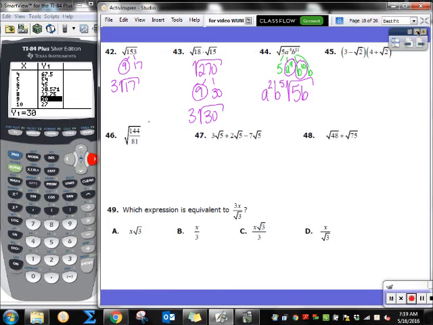On number 45, we have to double distribute. So we've got 3 times 4, so 12. Then we have 3 times the square root of 2, so plus 3 root 2. Then we go underneath for the double distribution. So that's going to be negative root 2 times 4, so that's minus 4 root 2.